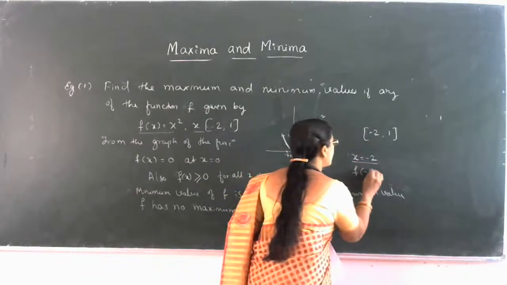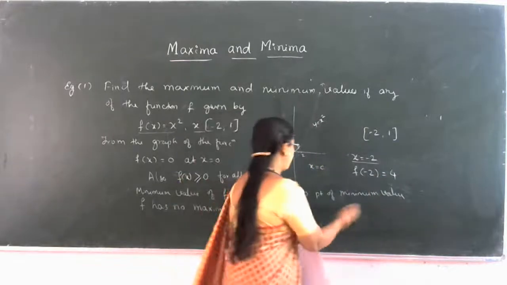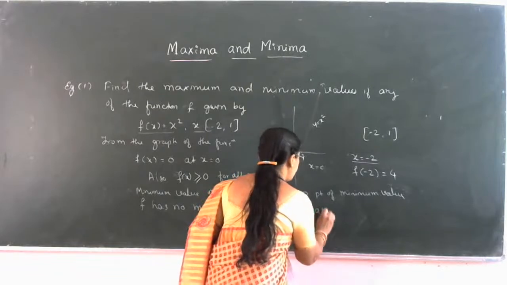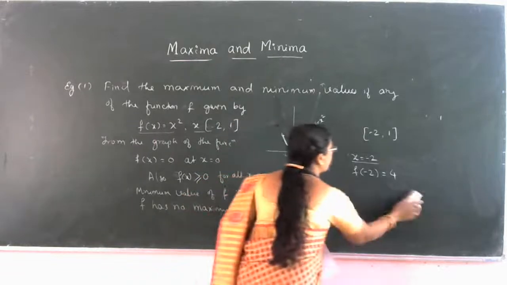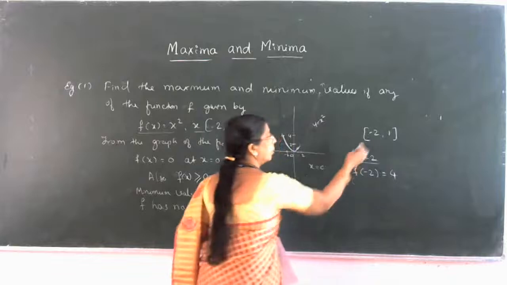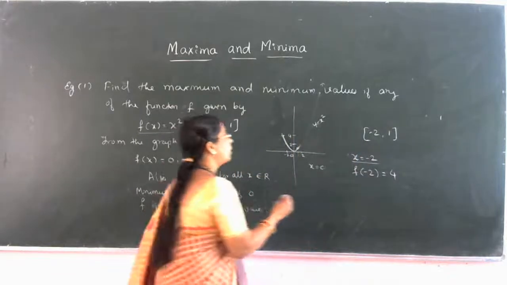Then f of -2 is equal to 4, since 2 square is 4. If they give the interval minus 2 to 1 as the domain of the function, the maximum value exists.